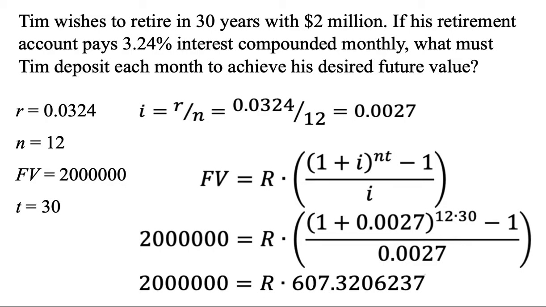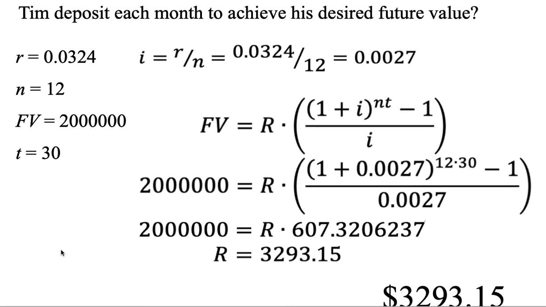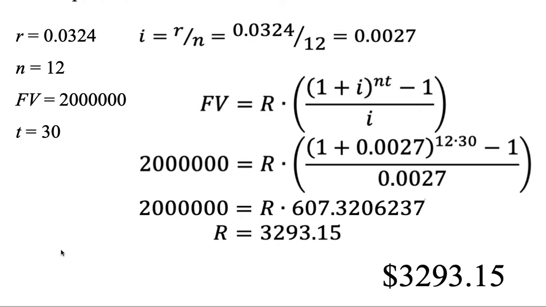That becomes 607.3206237. Dividing 2 million by that, we find out that Tim's payment must be $3,293.15 every month for 30 years.